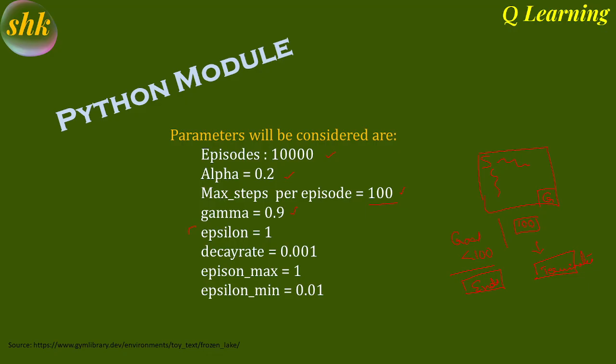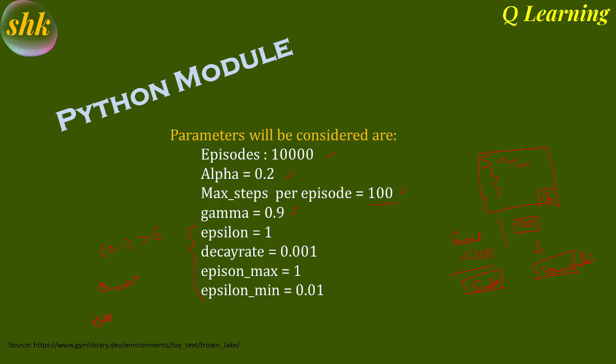Epsilon decay rate, epsilon maximum, and epsilon minimum are used for exploitation and exploration in the episodes. Initially, we select a value from the uniform distribution from 0 to 1. If it is greater than epsilon, then we take the maximum value from the Q table.